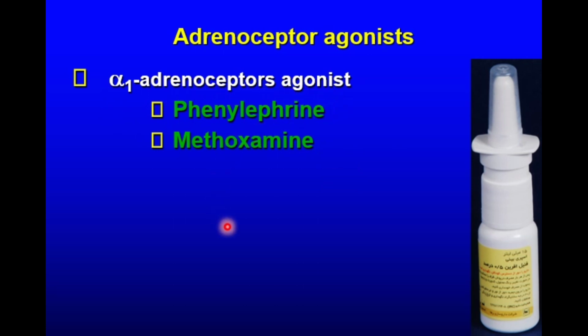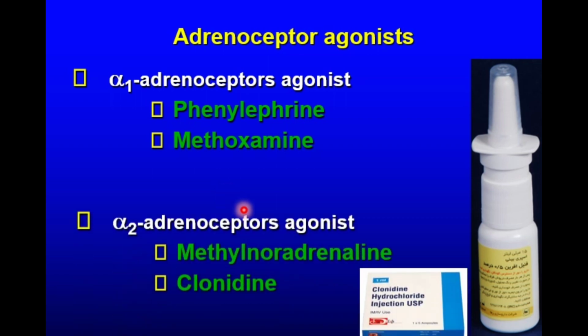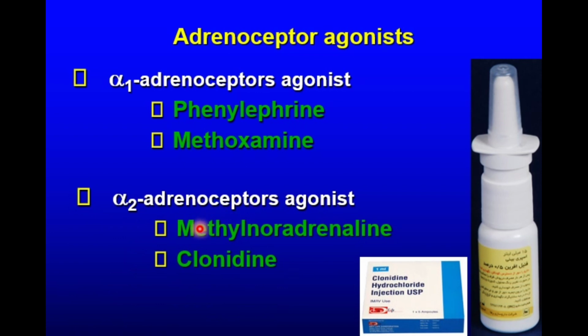At concentrations at which these drugs activate alpha-1 adrenoreceptor, they have no effect on beta adrenoreceptor and little effect on alpha-2 adrenoreceptor. Alpha-methylnoradrenaline and clonidine are selective alpha-2 adrenoreceptor agonists.